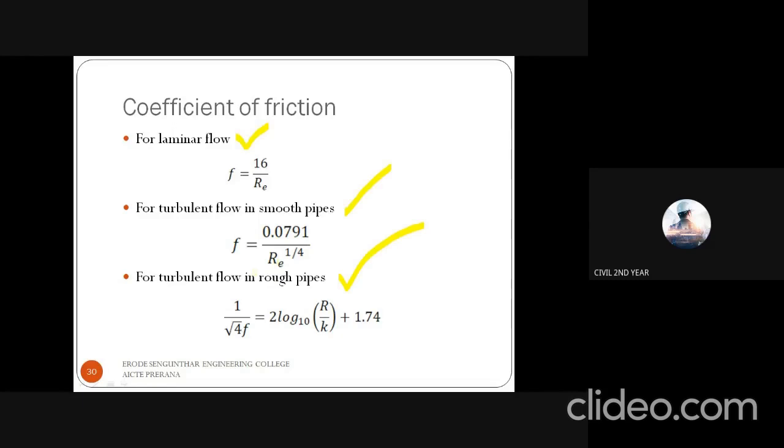Whereas for turbulent flow in the rough pipe, 1 by square root of 4F equals 2 log 10 of R by K plus 1.74. These are the formulas to be noted down for problem solving.